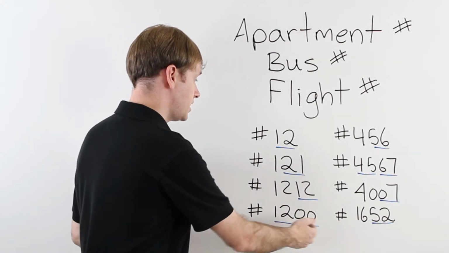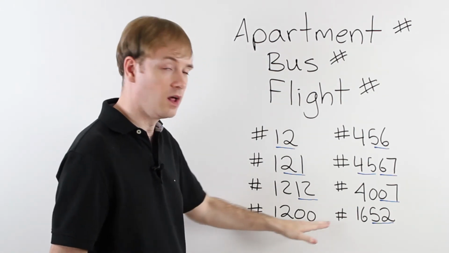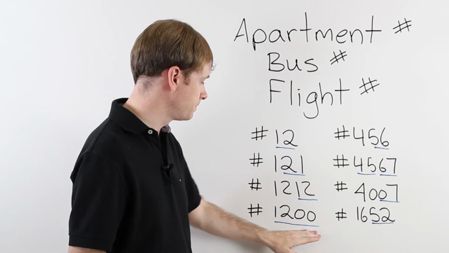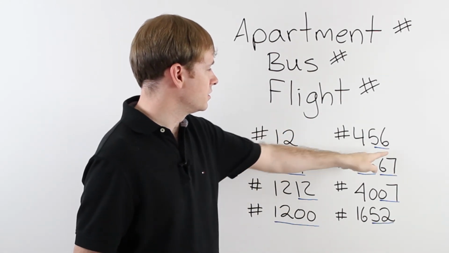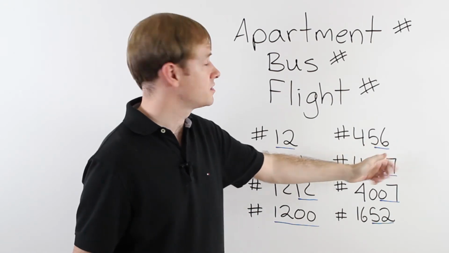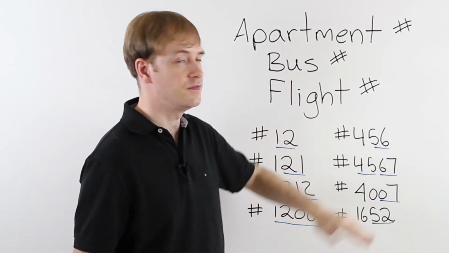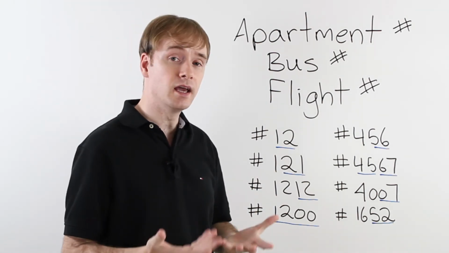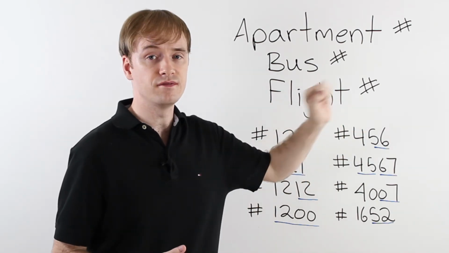We're going to say this as, for example, bus number twelve hundred. Okay, bus number twelve hundred. The next one, the last two numbers, 56. So let's say flight number 4-56. Flight number 4-56. Again, you could also say flight number four-five-six.